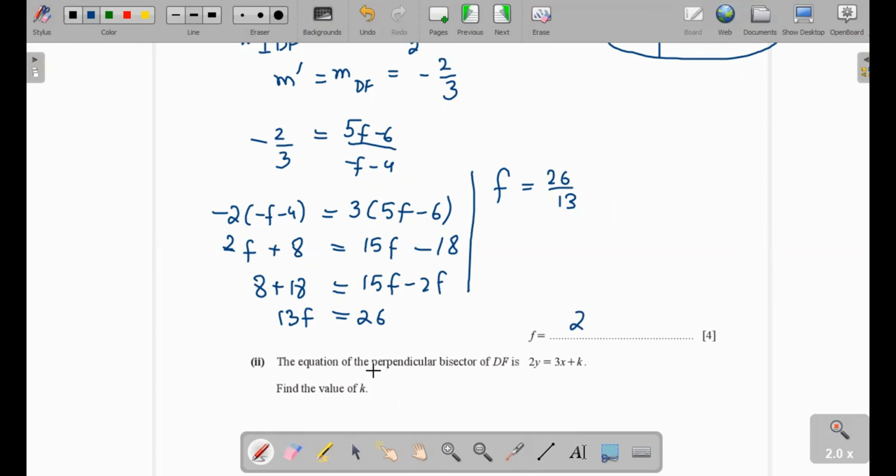Next, the equation of the perpendicular bisector of DF is 2y equals 3x plus k.